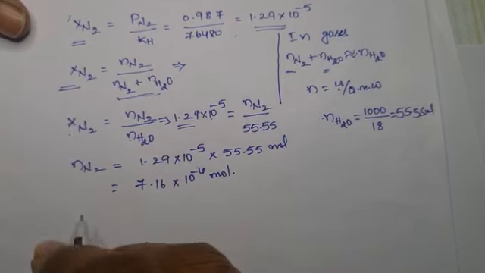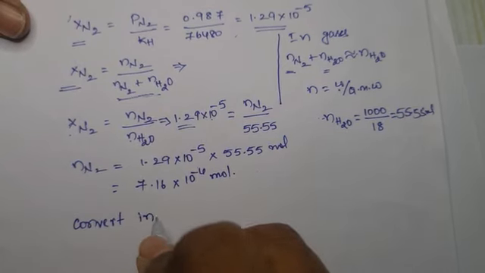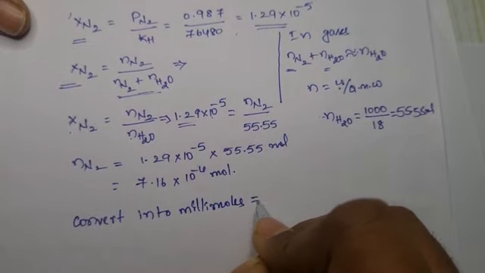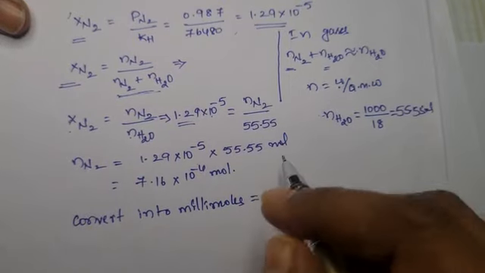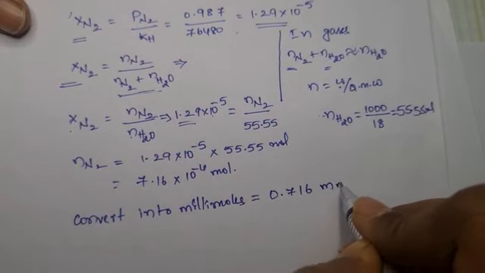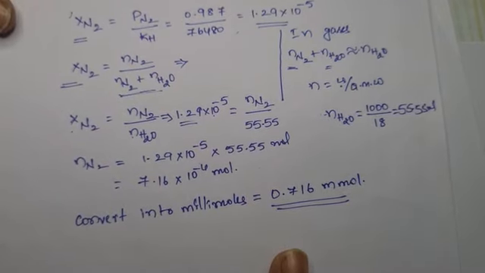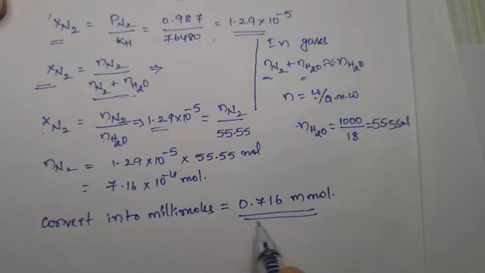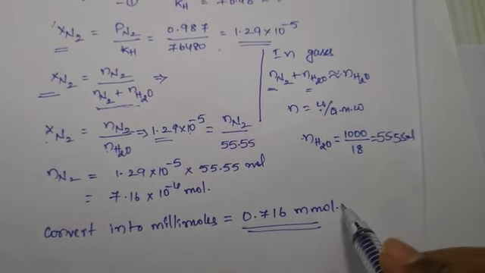If you convert into millimoles, it becomes 0.716 millimole. So the answer is 0.716 millimole of gas will be dissolved in 1 liter of water. So this is the answer. Thank you.